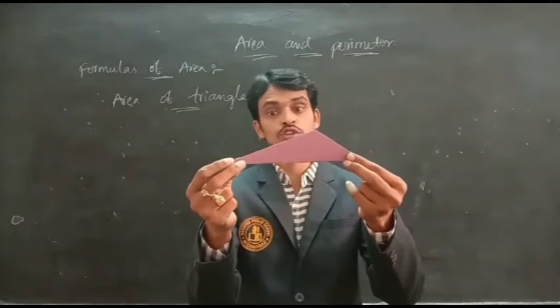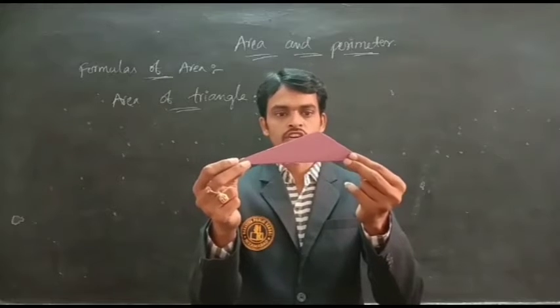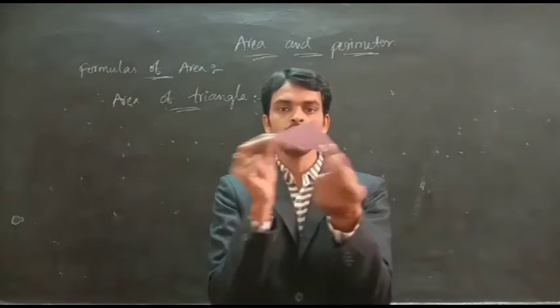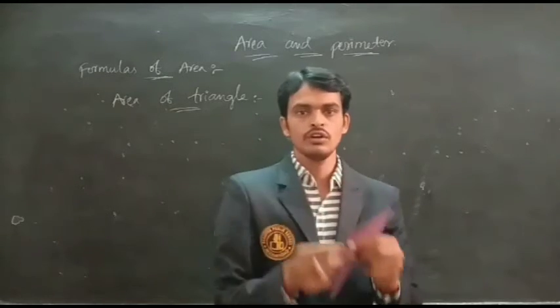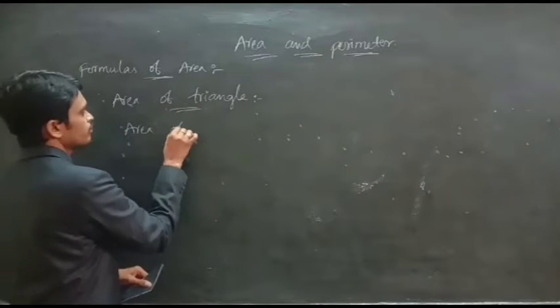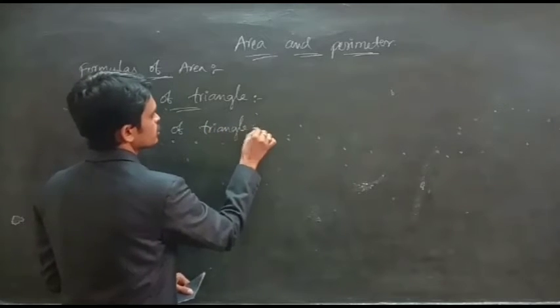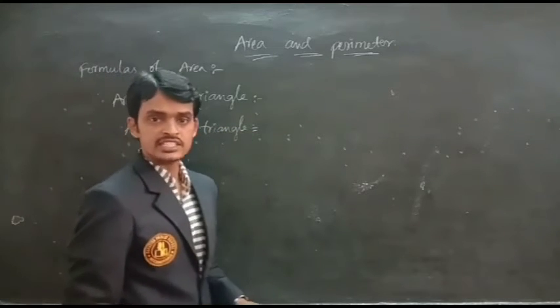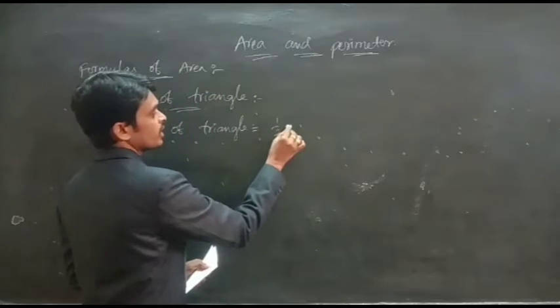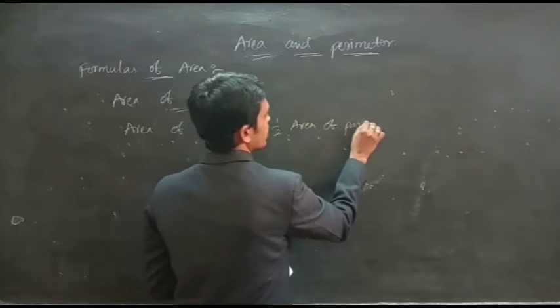When they are superimposed on each other and they match, then they have equal area. So the area of a triangle is equal to, we will write, half of the area of a parallelogram.